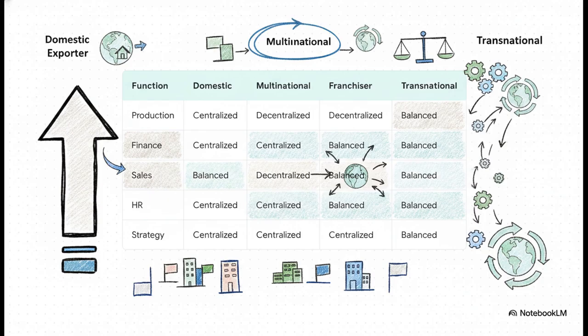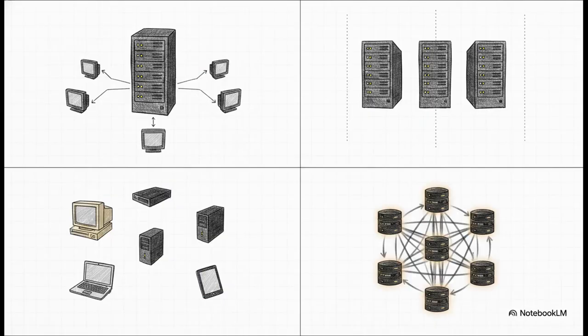It's really fascinating how a domestic exporter centralizes almost everything: production, finance, human resources, strategy, the whole lot. But if you look at a multinational, you'll notice they completely decentralize production and sales, so they can truly adapt to those local markets. A transnational uses a highly balanced approach across almost all of their functions. Ultimately, the global information system itself must mirror the business strategy.